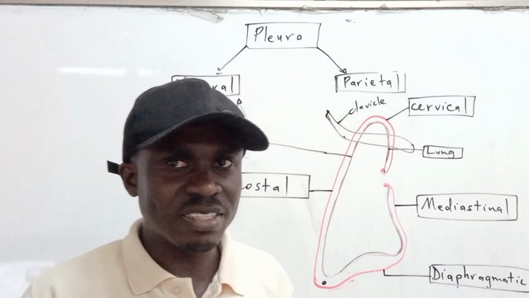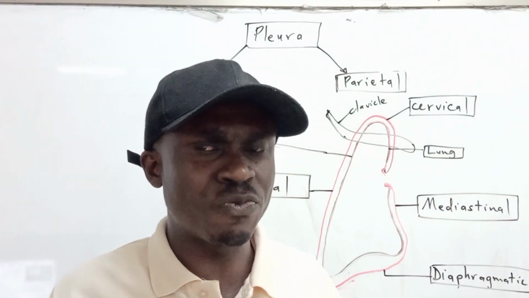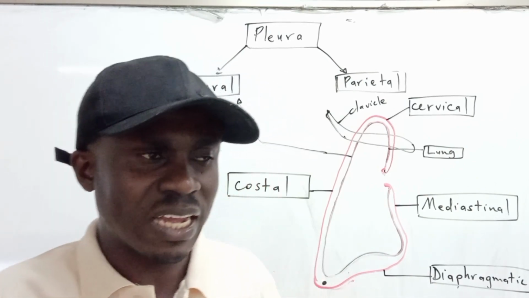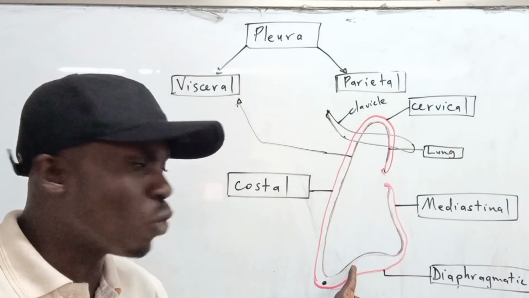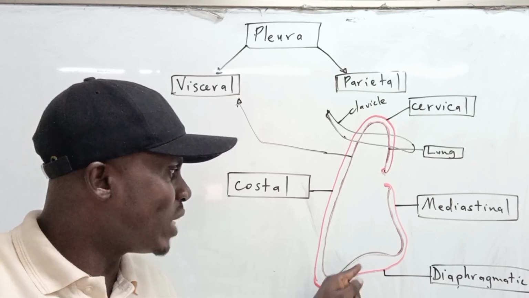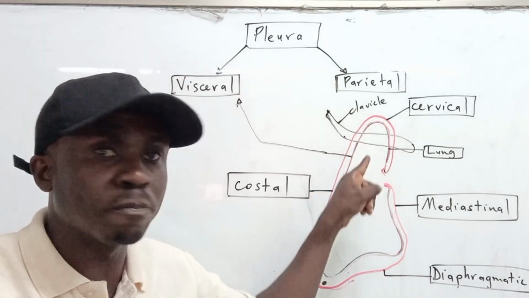So for instance, if the clinician thinks that someone is suffering from pneumonia, a lot of fluid around this lung, and precisely where is the fluid going to be? It's going to be captured in what we call the pleural cavity. That's the cavity between, of course, the visceral pleura and parietal pleura. That's the space where the fluid is going to be.